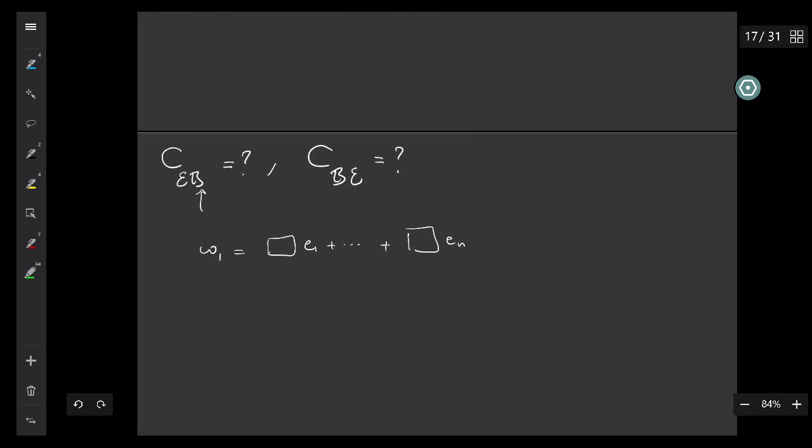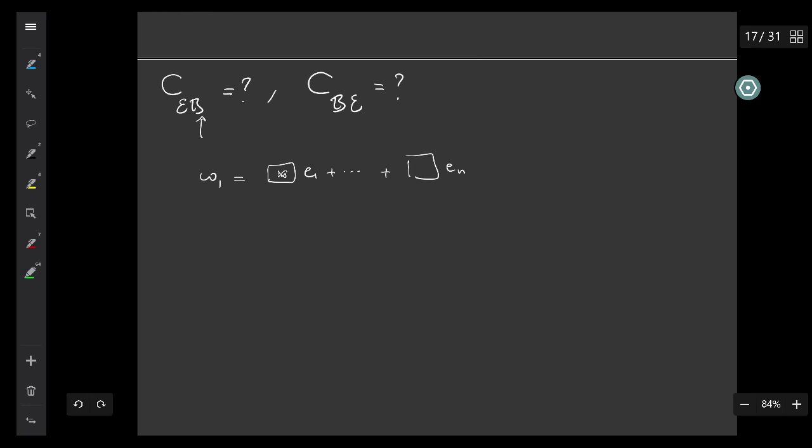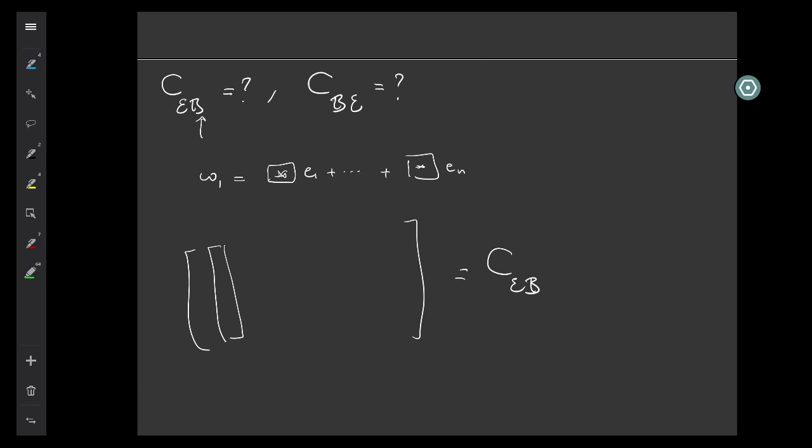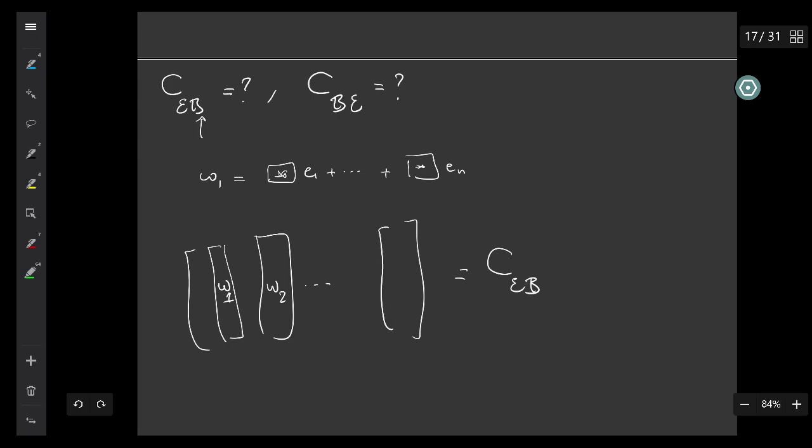So whatever coefficients we get here, we have to put them in the first column of this matrix CEB. So CEB would be basically this matrix whose first column is W1. Its second column would be W2 through Wn.